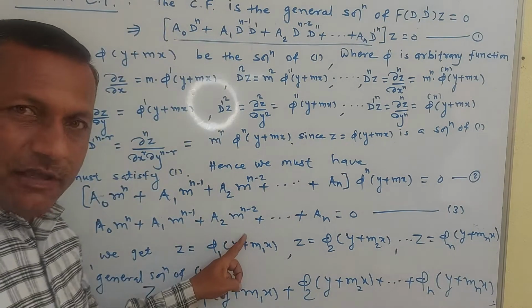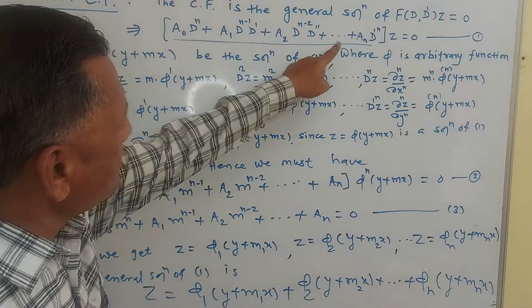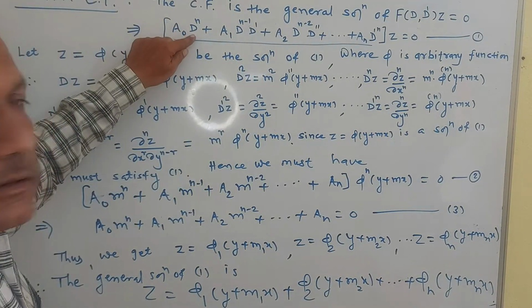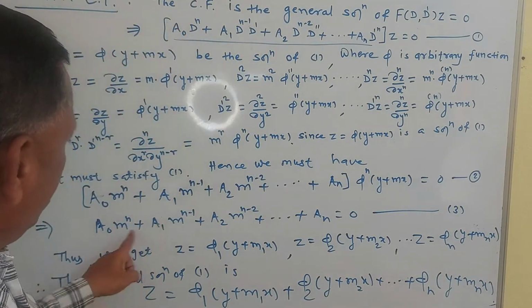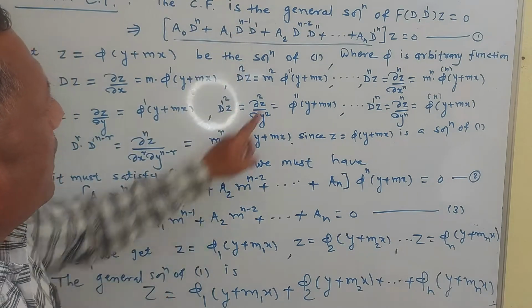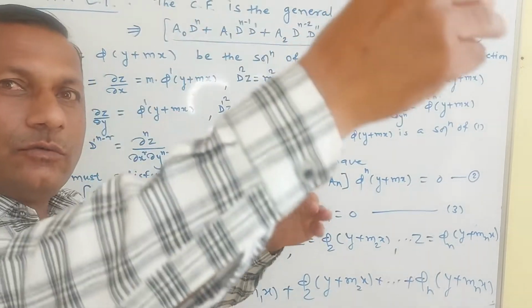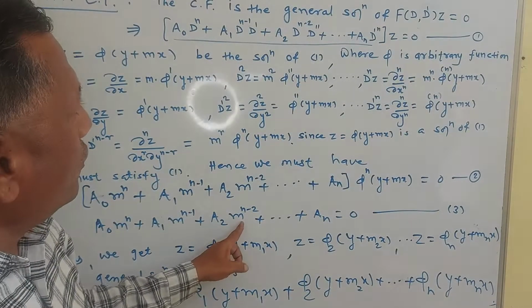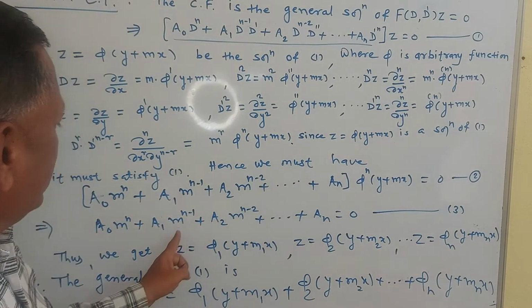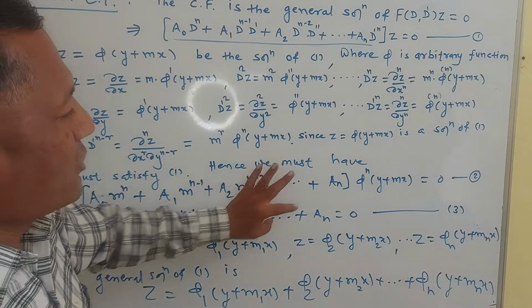So this auxiliary equation is obtained by putting the symbol D is equal to m and D dash is equal to 1. So you substitute D dash is equal to 1 and D is equal to m. We obtain this auxiliary equation.